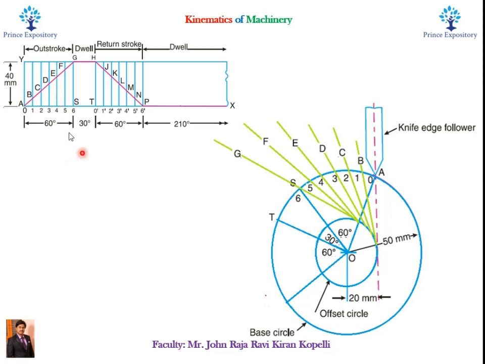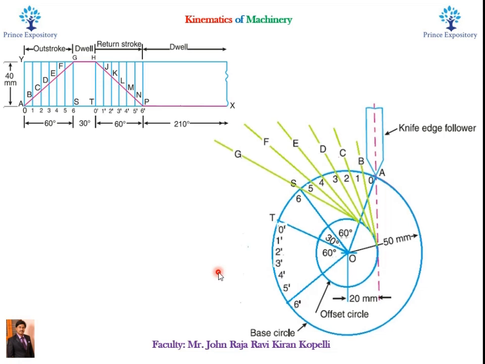Similarly, the way we divided this outstroke, the return stroke of 60 degrees also should be divided into six equal divisions. Now we have 1 dash, 2 dash, 3 dash, 4 dash, 5 dash, and finally 6 dash, 6 divisions. And we have to draw lines passing through 1 dash, 2 dash, and so on up to 6 dash.